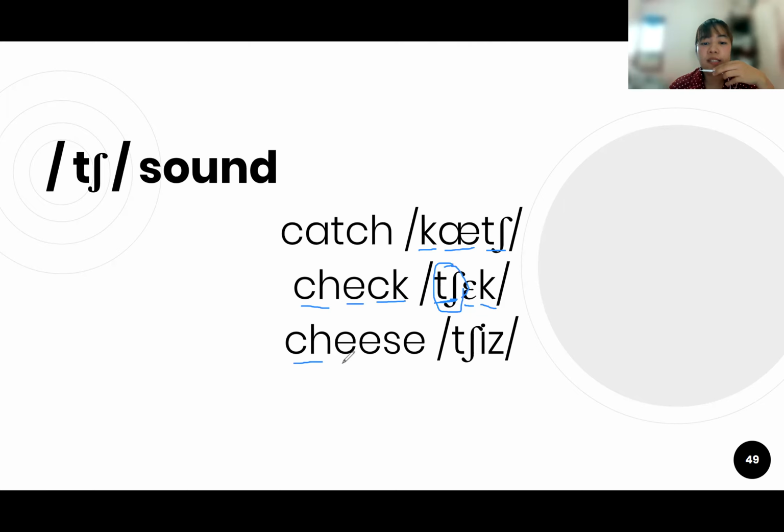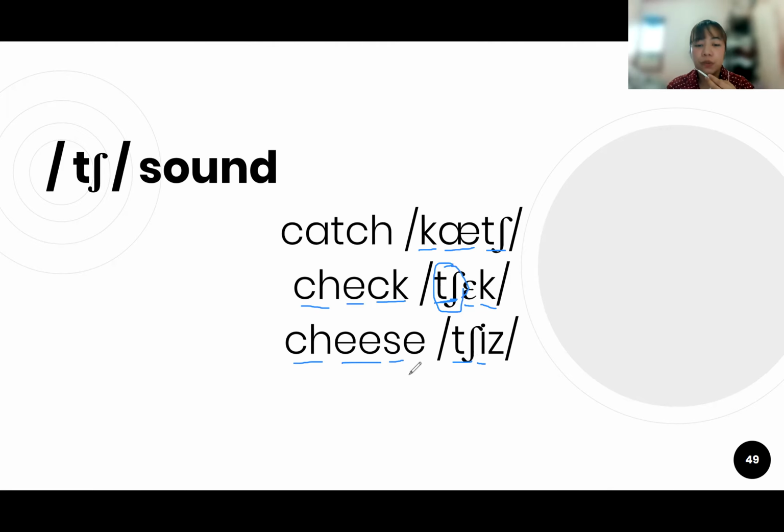Same with your cheese. So for example, in the word cheese, your CH produces the ch sound. Hence, we use this symbol. And then in cheese, prolonged ang sound ng E. So that's why we make use of your dotted I and your S here.